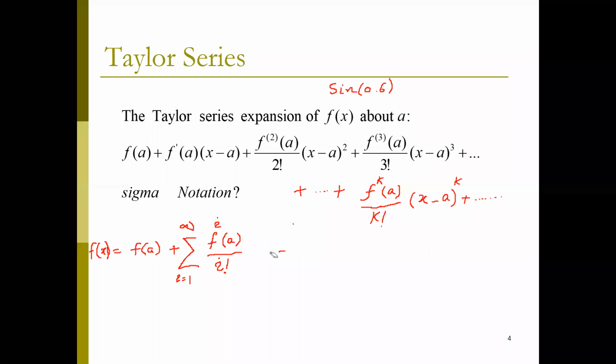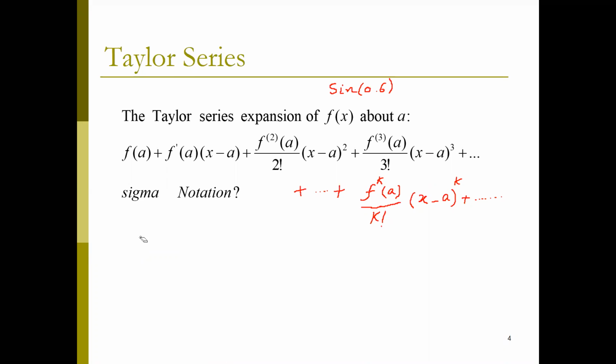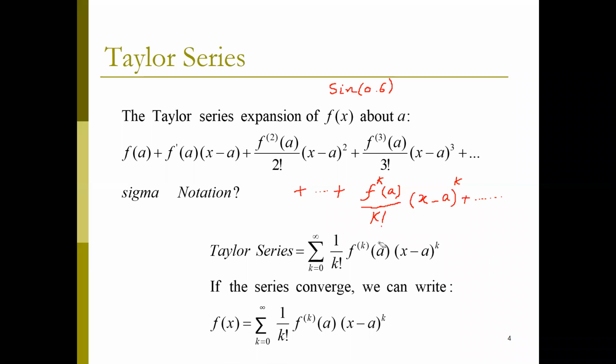I am representing the sigma notation in an equation. This can be represented with the help of this Taylor series expansion, where the separate first term is included. 0 factorial will be 1. f^(k) means the kth derivative of the function at a.